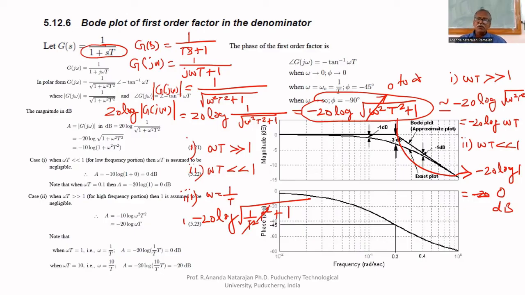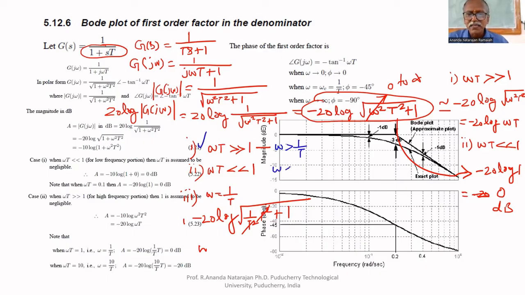So, when omega is greater than 1 by tau, 1 is negligible. When omega is less than 1 by tau, it comes under the other category. Now we can define the two cases like this. When omega is greater than 1 by tau, it comes under this category.